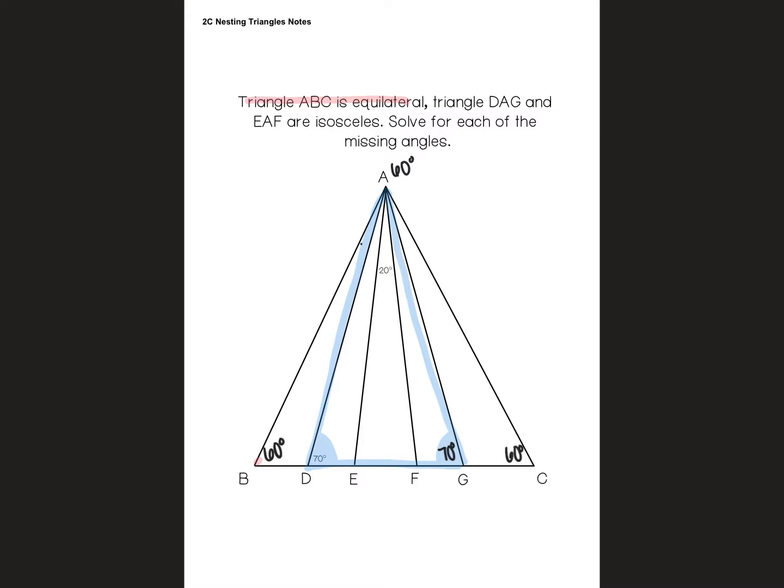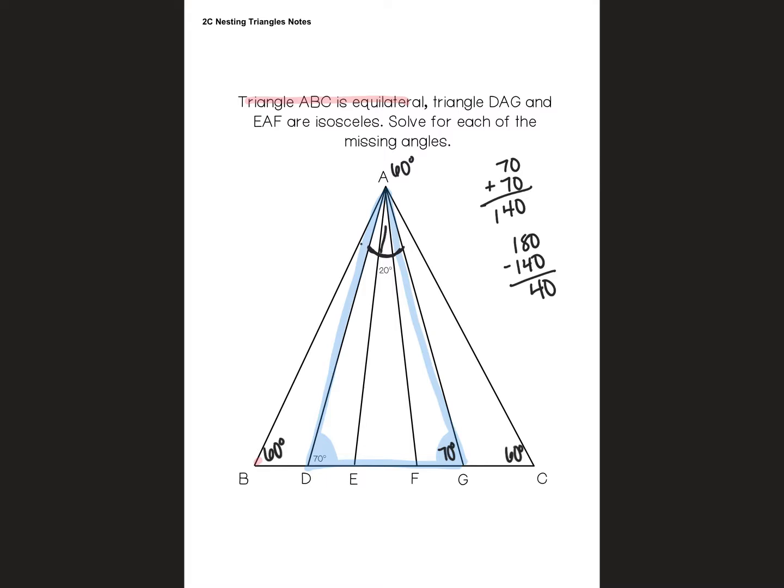After that, I know that up here, this entire angle would have to be whatever's left over in this triangle. So if I add 70 plus 70, that's 140. If I subtract that from 180, that's 40 degrees. So this whole thing here needs to be 40.